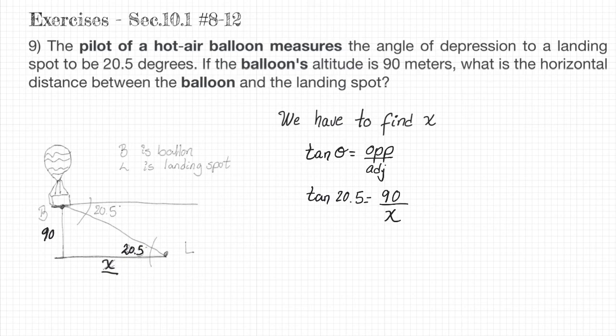I'm going to solve for x. So it's going to be 19 over tangent of 20.5. I divide this, and I round that amount to get 51.